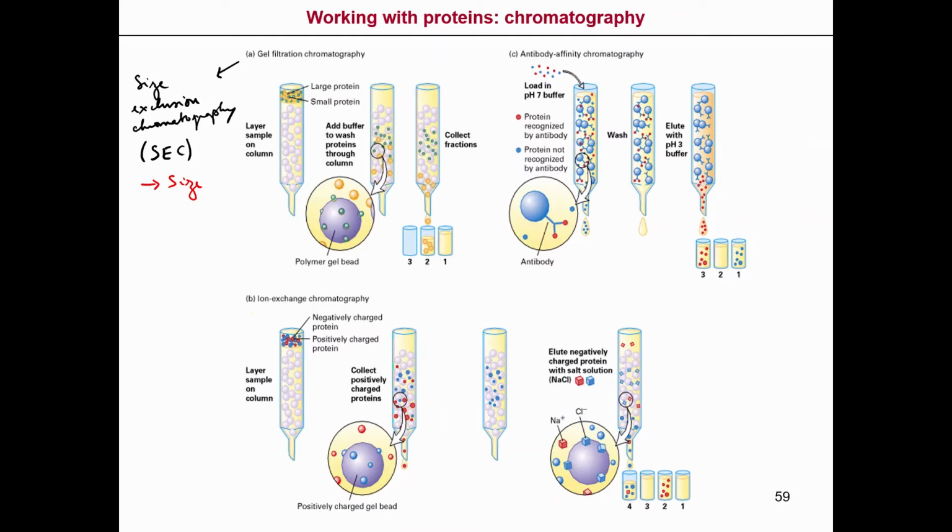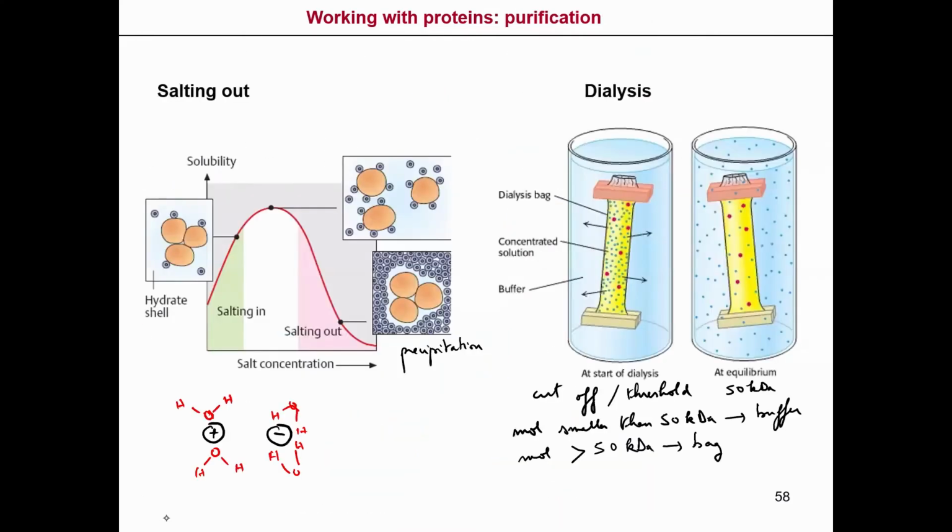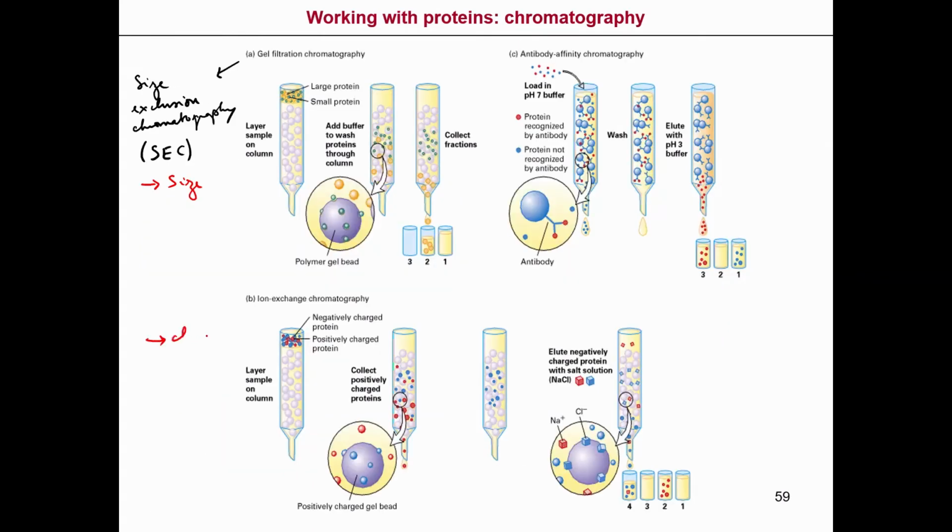In the second, you have the ion exchange chromatography, which depends on the charge of the proteins, and in the third, the affinity to another molecule. So you have 3 principles: size, charge, or affinity.